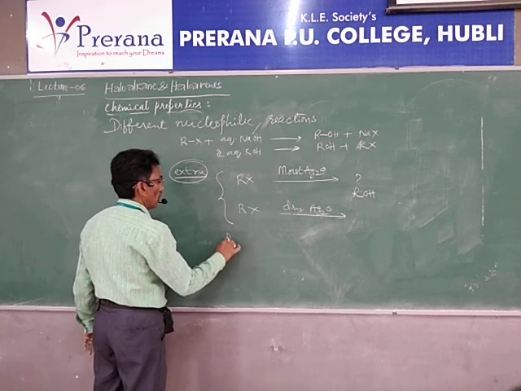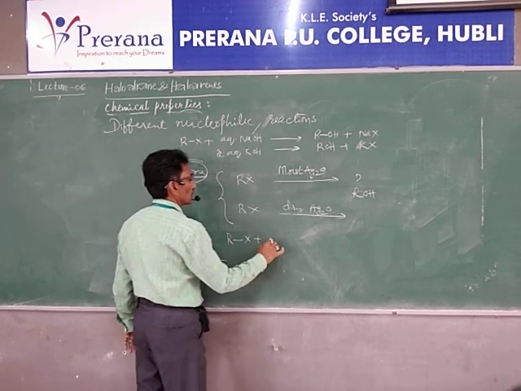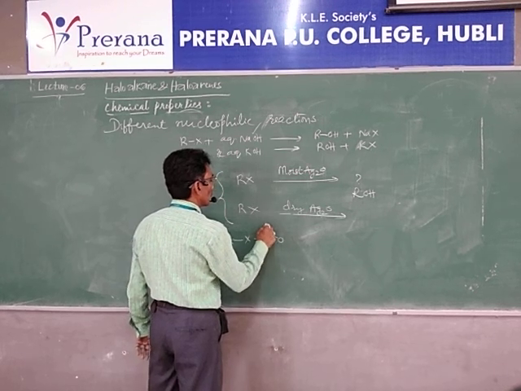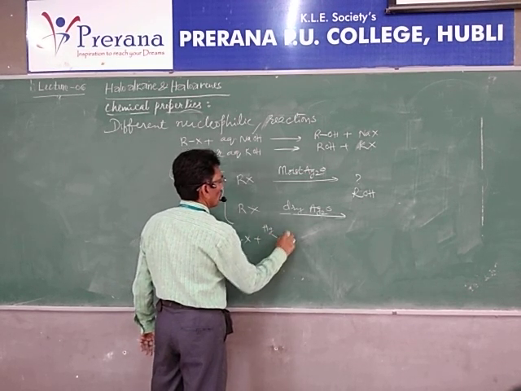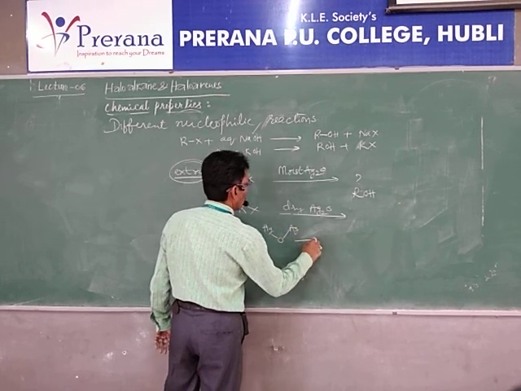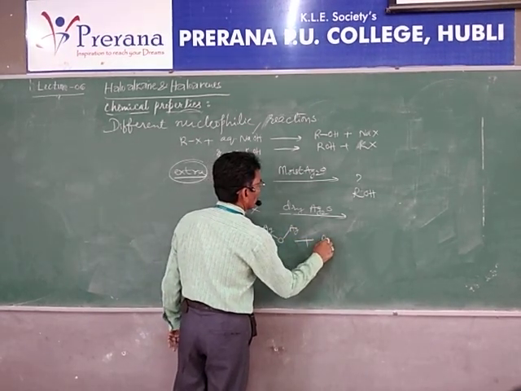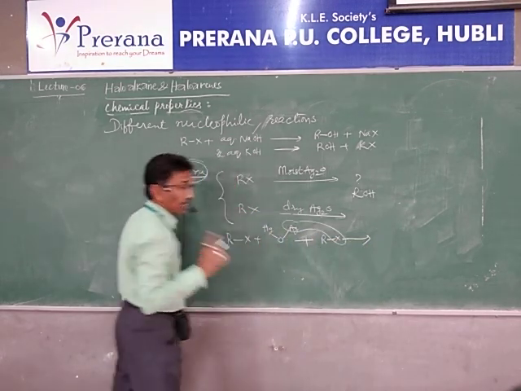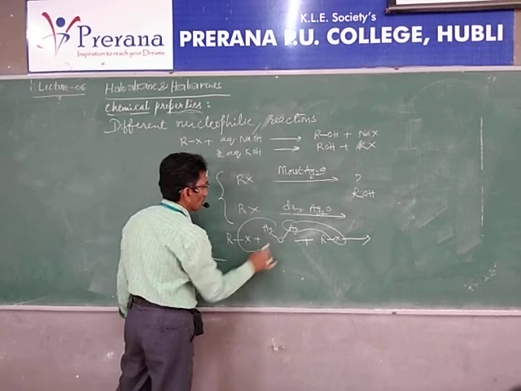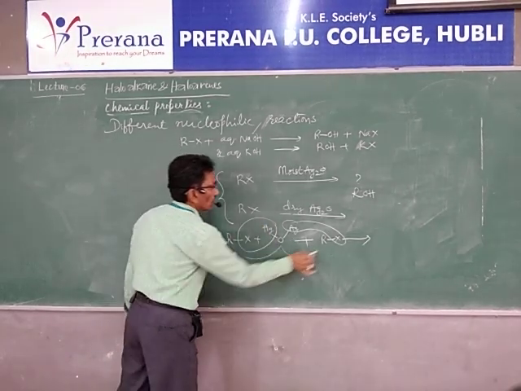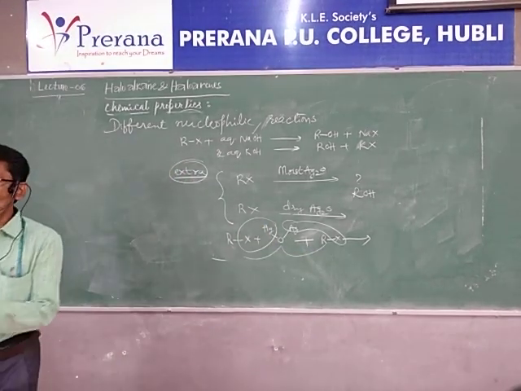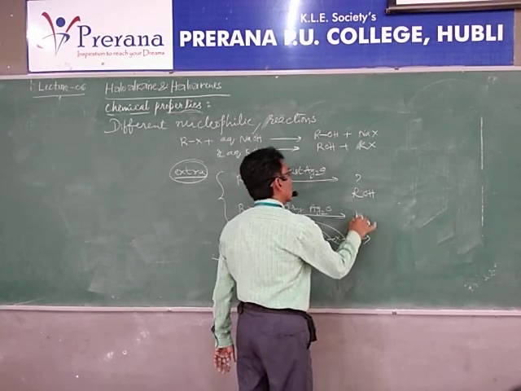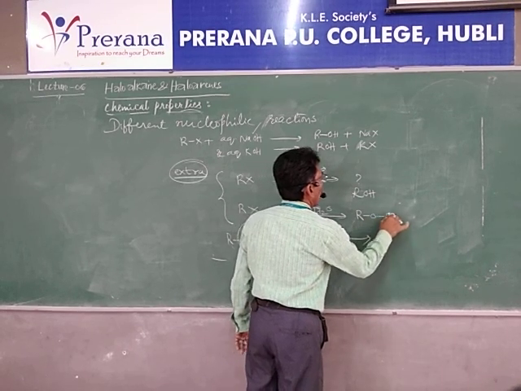What happened? RX plus Ag2O. What is removed? AgX is removed, for understanding purpose. Here also AgX is removed. And what is the remaining part? R, O and R is the remaining part. And what is the unexpected product produced? ROR.